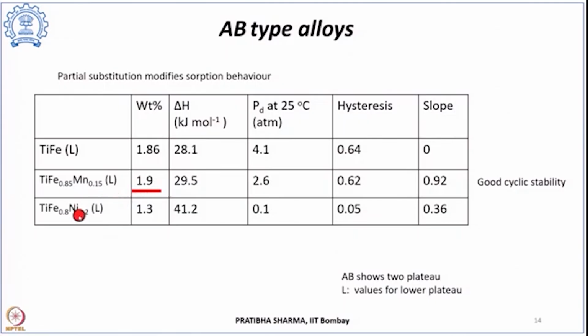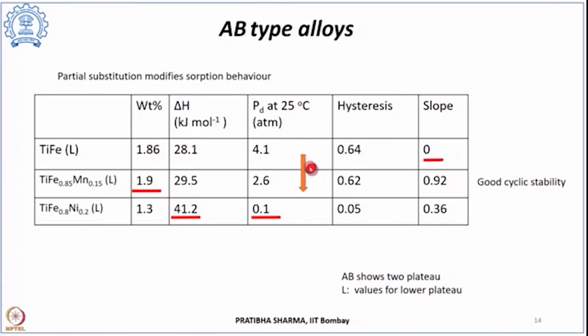If we substitute it by nickel, so TiFe0.8Ni0.2, for the lower plateau we see that the desorption pressure further decreases to 0.1. In this process, we can see that the maximum weight percent is obtained for manganese substitution, the maximum delta H value is for nickel substitution, and the lowest desorption pressure is for nickel substitution.